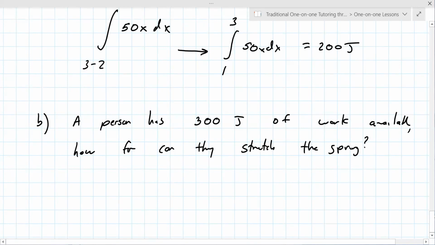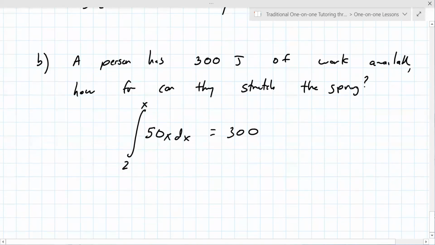So this is the 50x, and we're doing it from 2 to an unknown position. Now it's 2 because that's its unstretched length. Okay, so I'll put x up here, dx. And this equals 300.